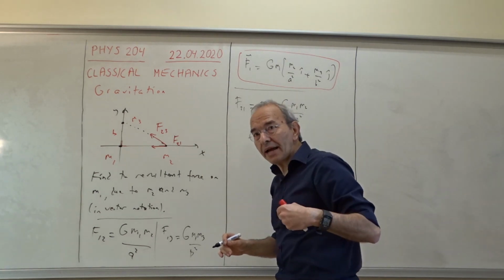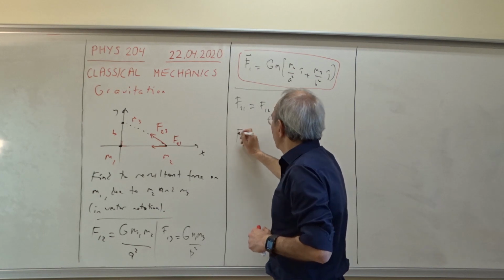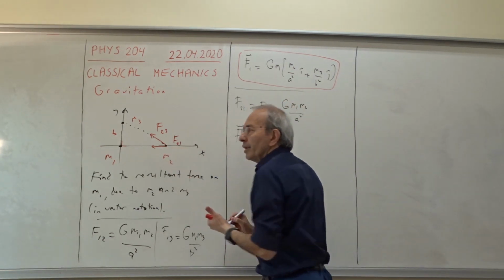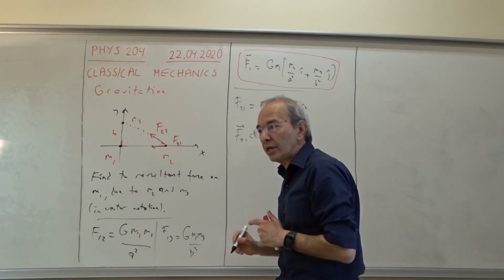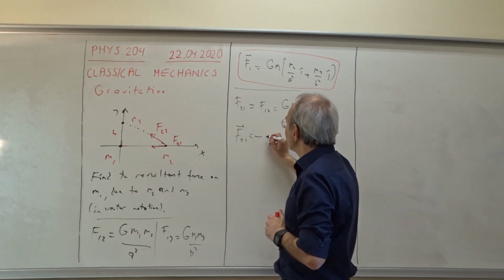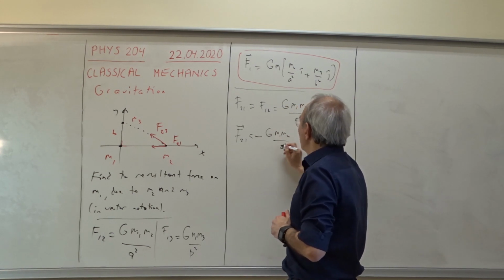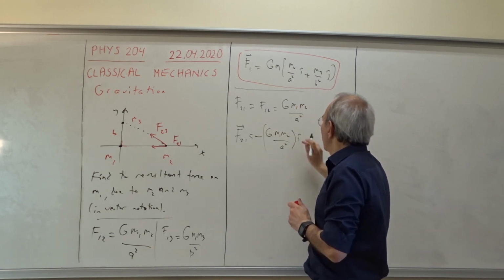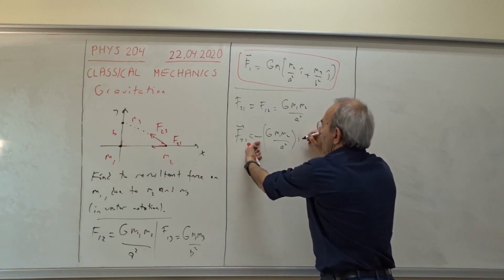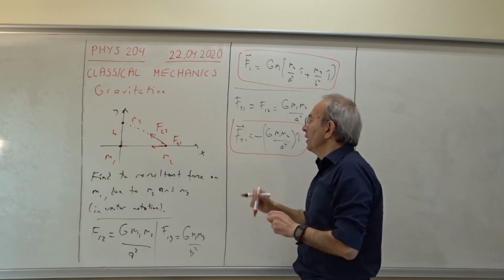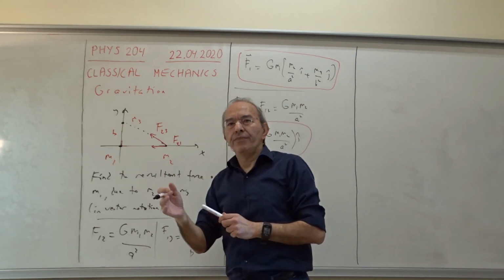If you want to write it in vector notation, it would be F21 with a vector. Since it points to the left in the minus x direction, we would write minus G M1 M2 over A squared multiplied by unit vector I. Because it is now in the negative x axis, this would be only one force, F21.